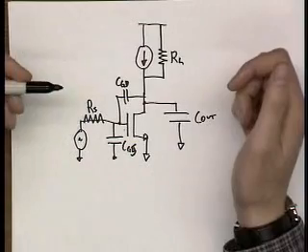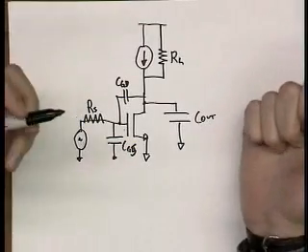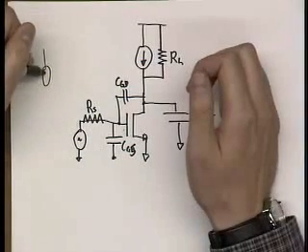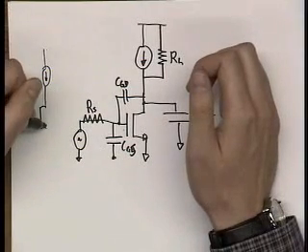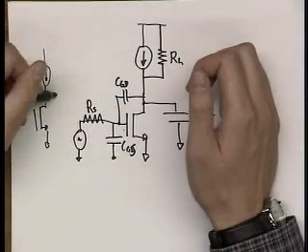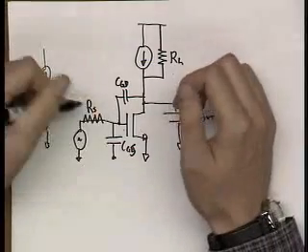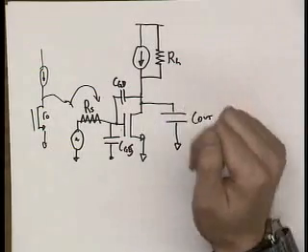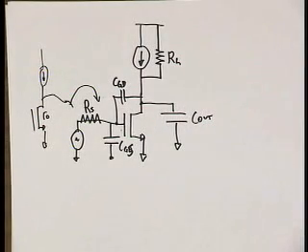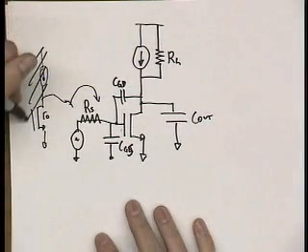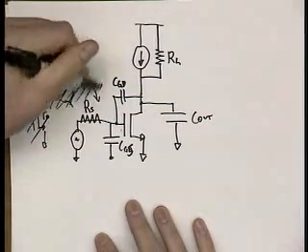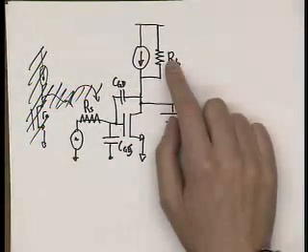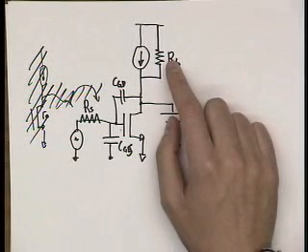This RS might be an actual resistor, a source resistance coming from your voltage source, but it also could be, in the case of your homework, that this guy could be driving this node, and so RS is R out of this device. The RS could be from a multi-stage amplifier. Similarly, RL could be an actual load resistance.